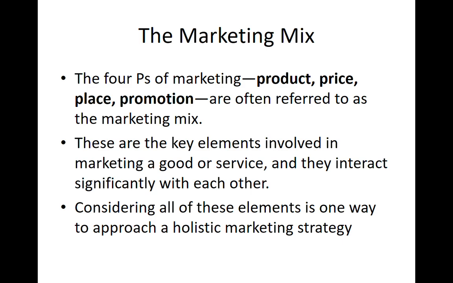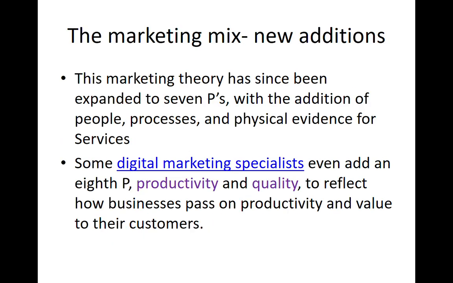However, these 4 P's have been expanded to 7. You'll see that later. For example, there is a P which is added to mean people. People are very key in the process of marketing, because you don't need to isolate or segregate people.